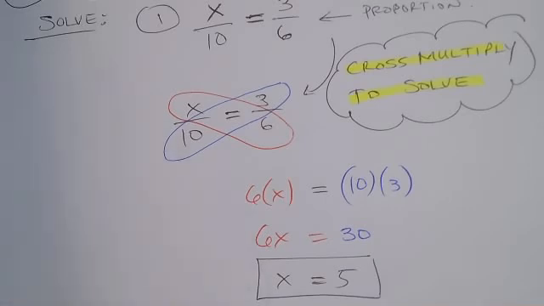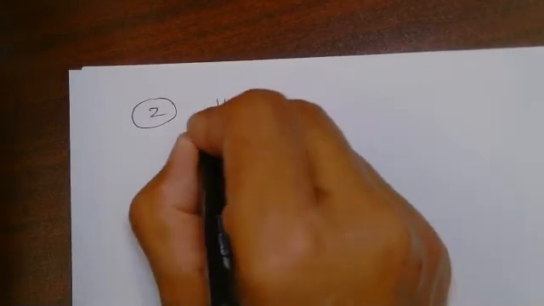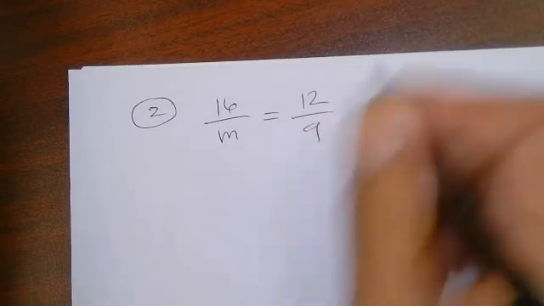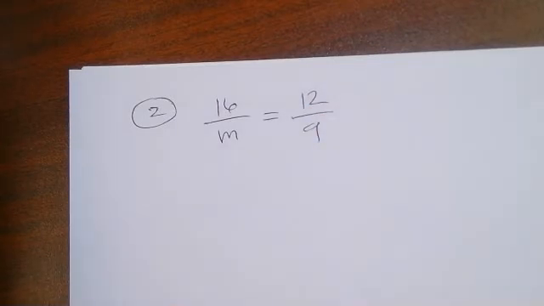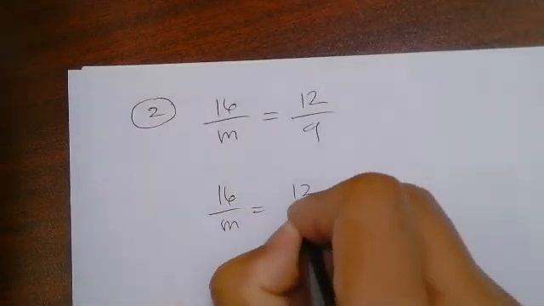Okay, let's do another easy one. Number 2. 16 over m equals 12 over 9. Okay, go ahead and solve that one. Okay, so we're going to cross multiply, right?